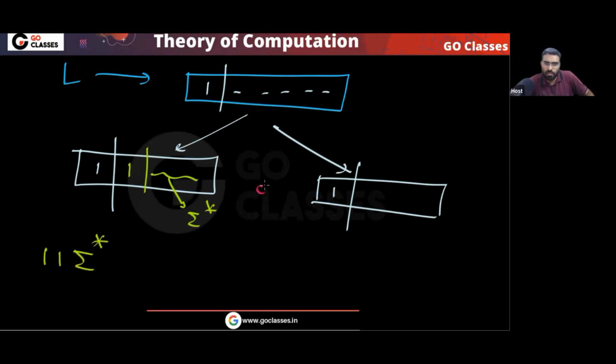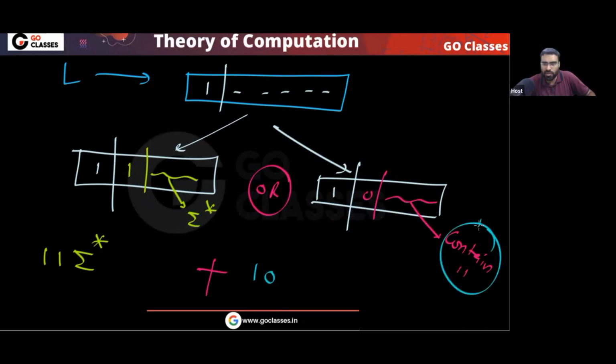Or, if the second position is 0, meaning 1 0, then you must contain 1 1. And containing 1 1 means sigma star 1 1 sigma star. So 1 0 sigma star 1 1 sigma star.